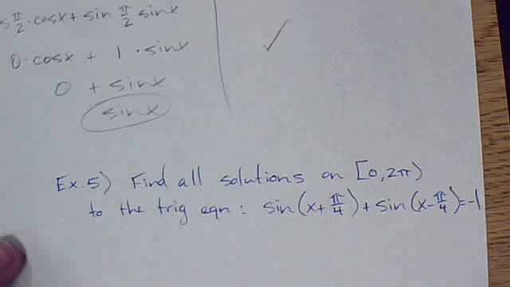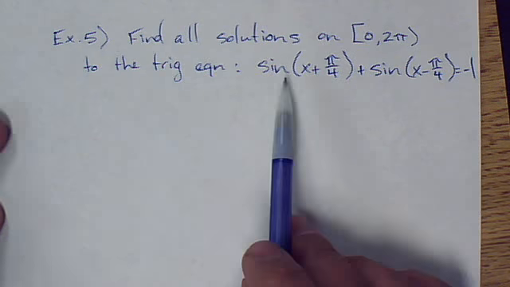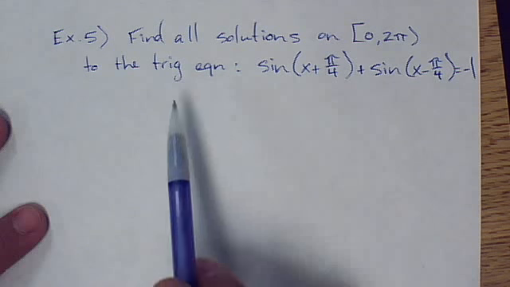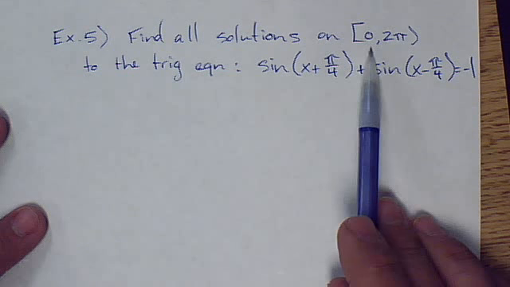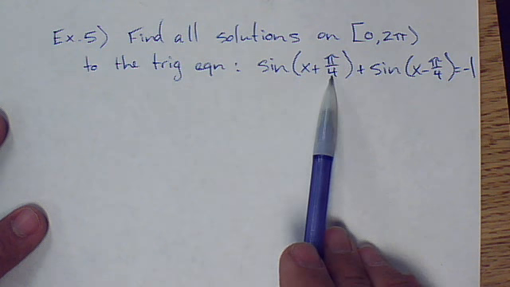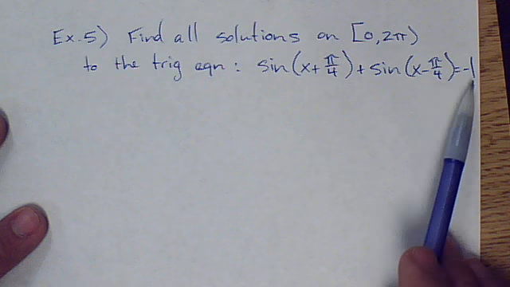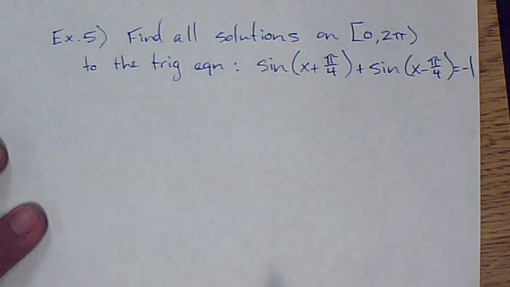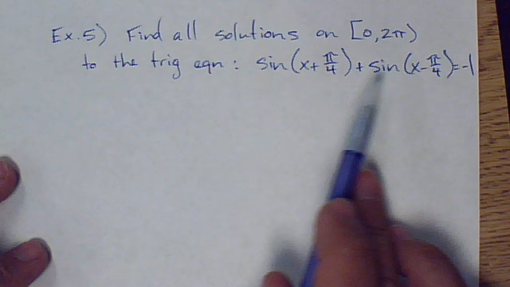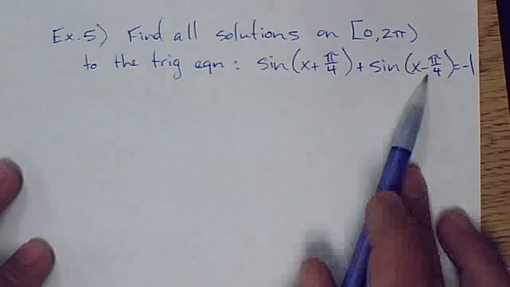Then the last one, we can do the same thing to solve, like we've been doing recently. So find all solutions on 0 to 2 pi to the trig equation: sine of x plus pi over 4 plus sine of x minus pi over 4 equals negative 1. So we're going to solve for x. We've got a separate sum formula and difference formula.